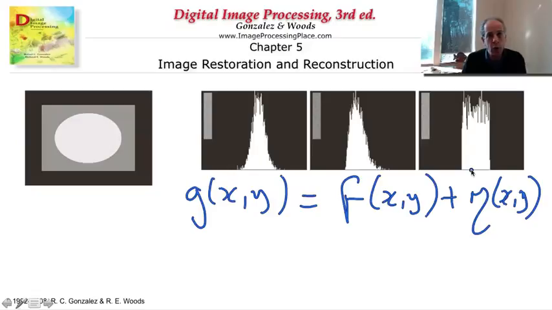So depending on the noise type, we basically can use different filters. Salt and pepper noise, the median filter is a great filter for salt and pepper noise. We know that salt and pepper are kind of isolated. We actually saw an example in the previous week. They're isolated points.